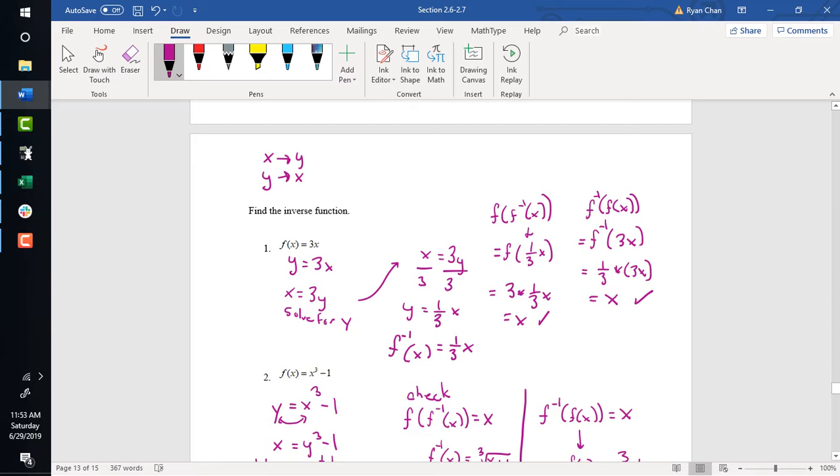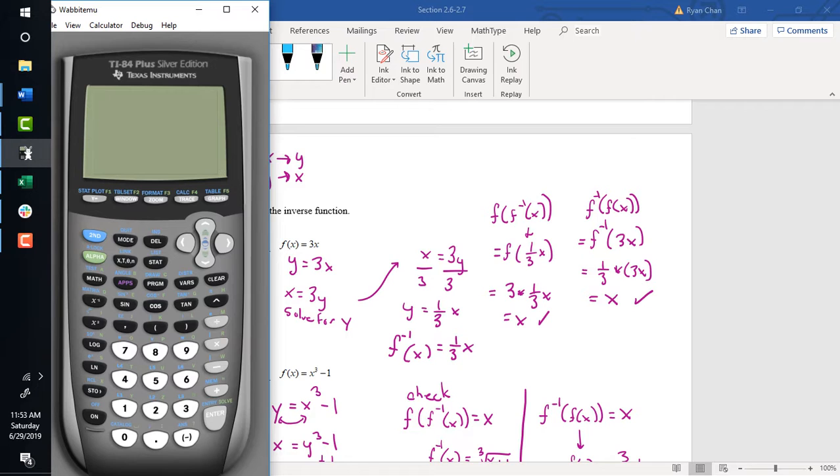Okay. Now, if they don't say a specific way to check, you can also check using your graphing calculator. Okay. So what do I mean by that? So the idea is, let me go back to my regular Windows. Okay. So if I graph my original function, which is 3x, and if I graph my inverse, which is 1/3 x, we should see what happens when I graph them.